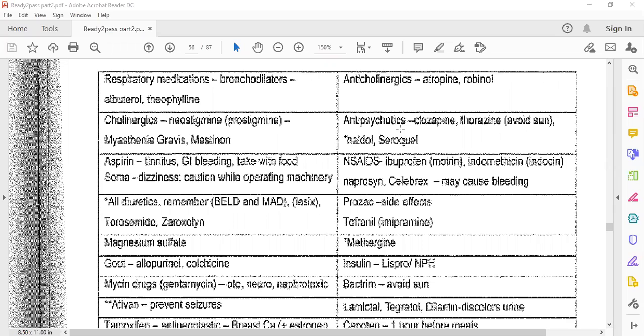Other uses of antipsychotics include stabilizing the mood in bipolar disorder, like the mood stabilizer lithium. They reduce anxiety in anxiety disorders and reduce the tics in some conditions.